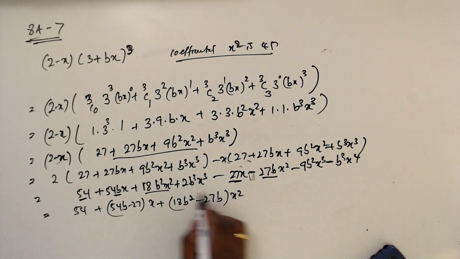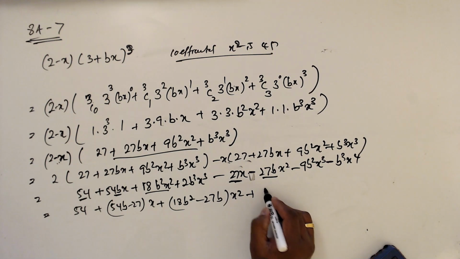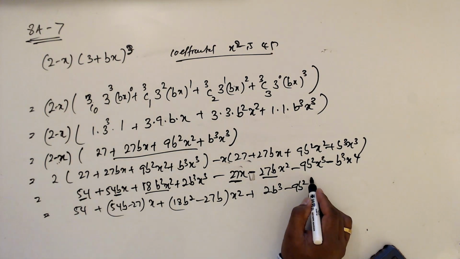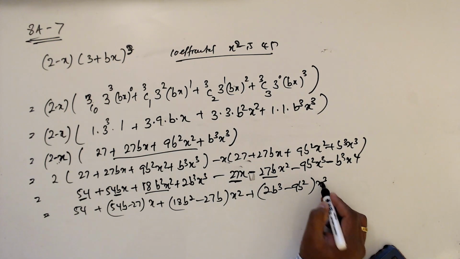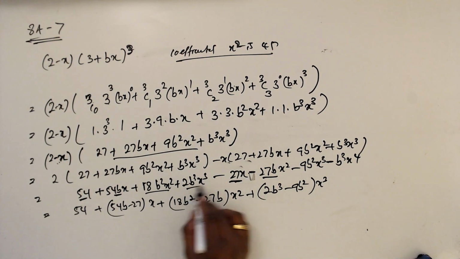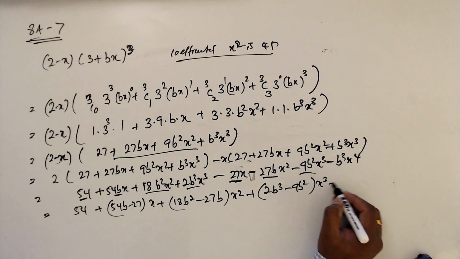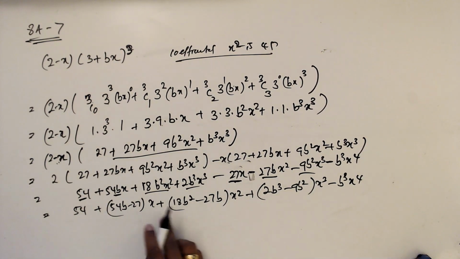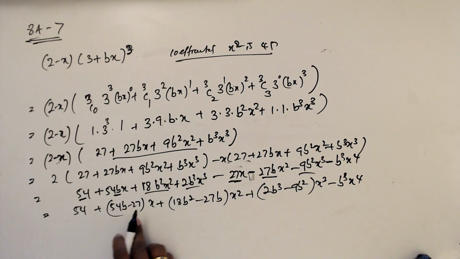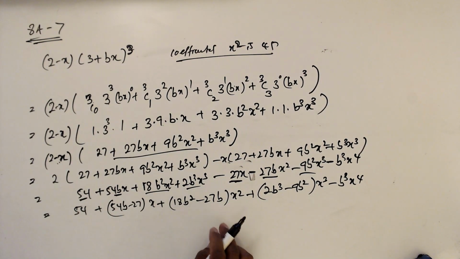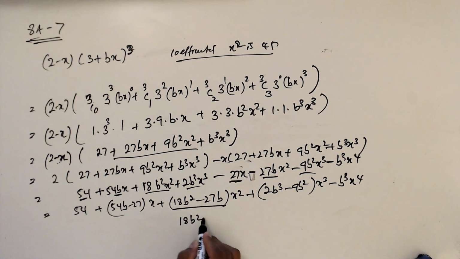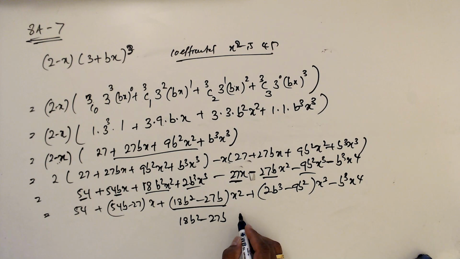Then x cube: 2b cube minus 9b square, x cube. Then x cube is finished, and then b cube x4. Now what is the coefficient of x square? The coefficient of x square is 18b square minus 27b, and this is equal to 45.